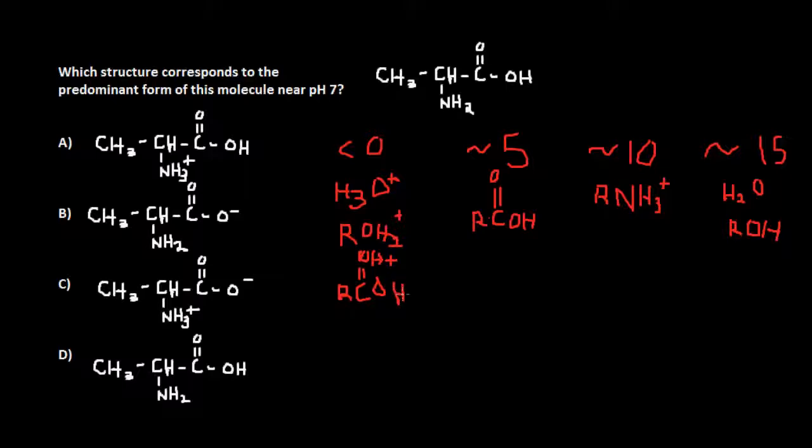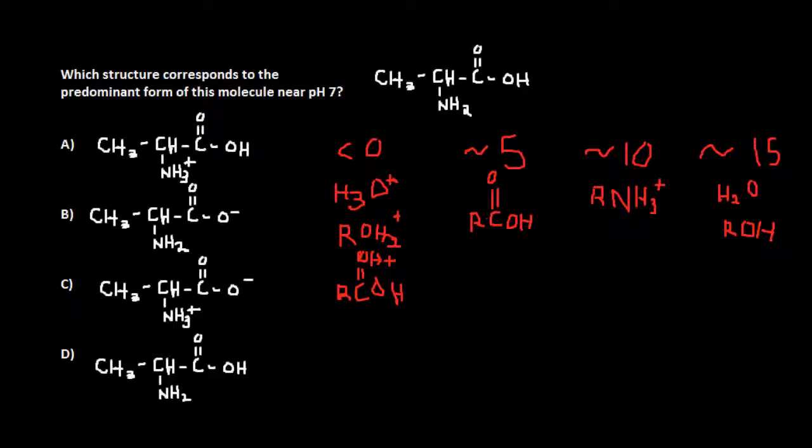When we're talking about which structure is going to be the predominant form in a solution depending on the pH, what we want to do is look at this in terms of conjugate acid, conjugate base. So we can think about an equilibrium equation. We'll take a look at the carboxylic acid, since that is relevant to our problem here.